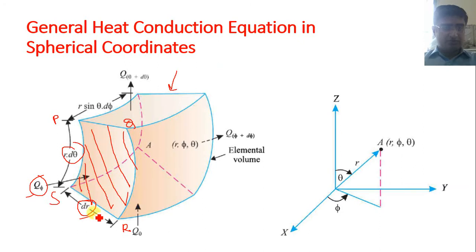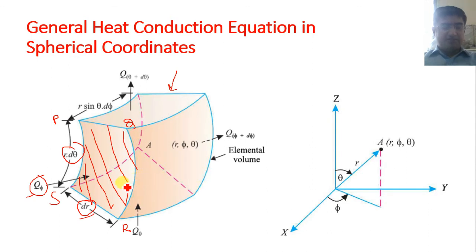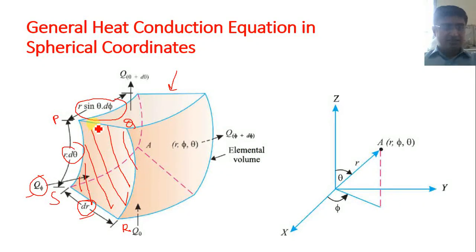The direction is in the r sin theta d phi manner, or you can say r sin theta into del phi, because here you can see the surface is not straight, it is curved.